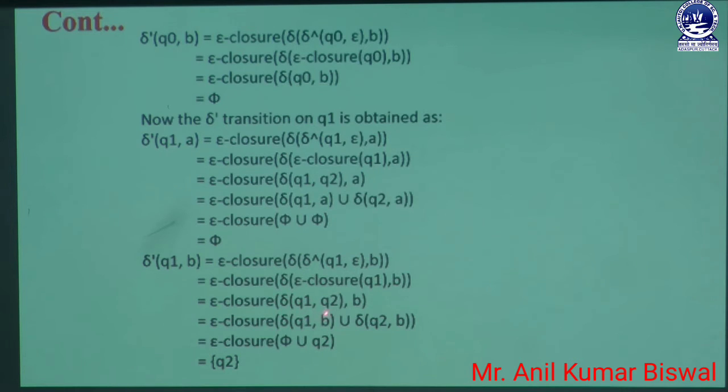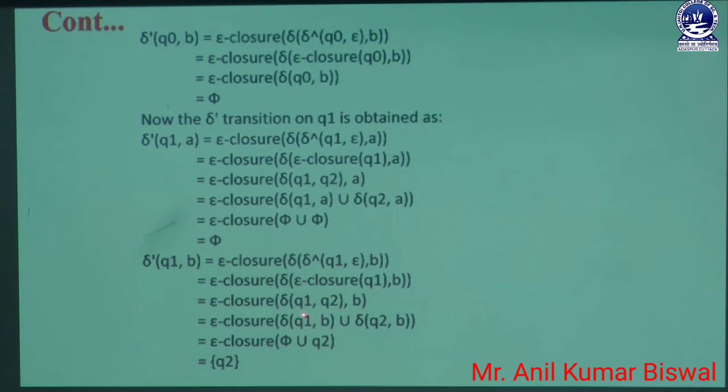The epsilon closure of q1 gives two states, q1 and q2, accepting input symbol B. That transition of q1 and q2 can be divided into two parts, explained through the statement: epsilon closure of transition q1 B union transition of q2 B.